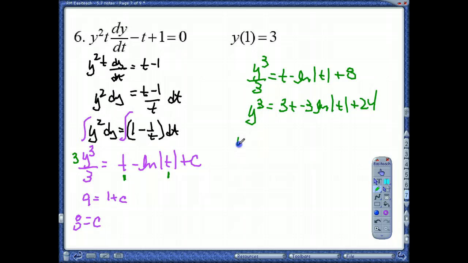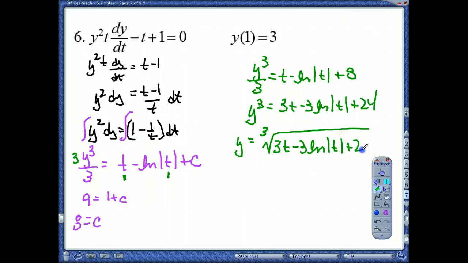And then I'm going to cube root. Remember, when you cube root, you don't have a plus or minus. Okay. So there's my final answer. Yay, go team.